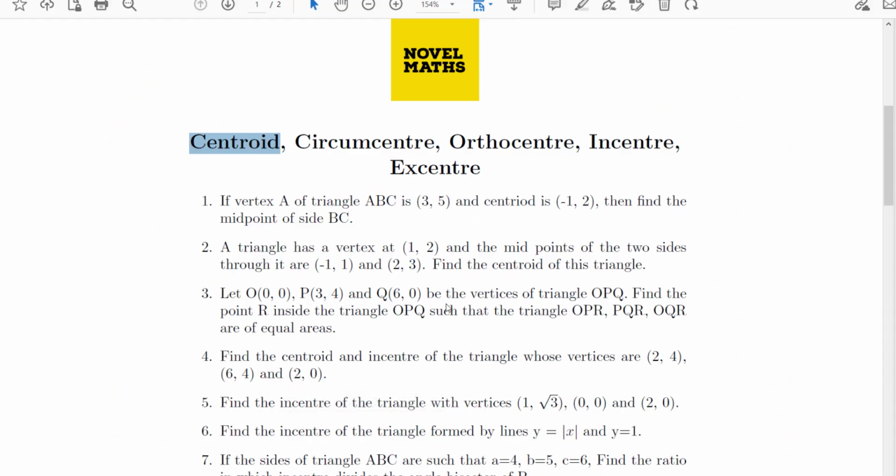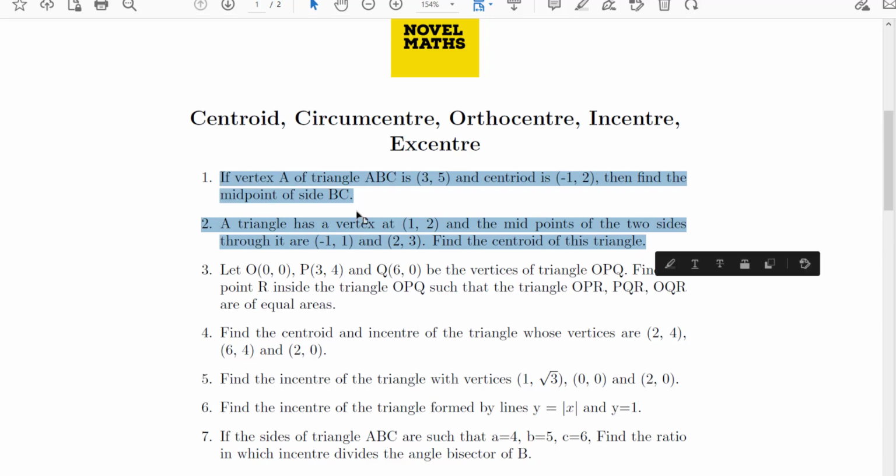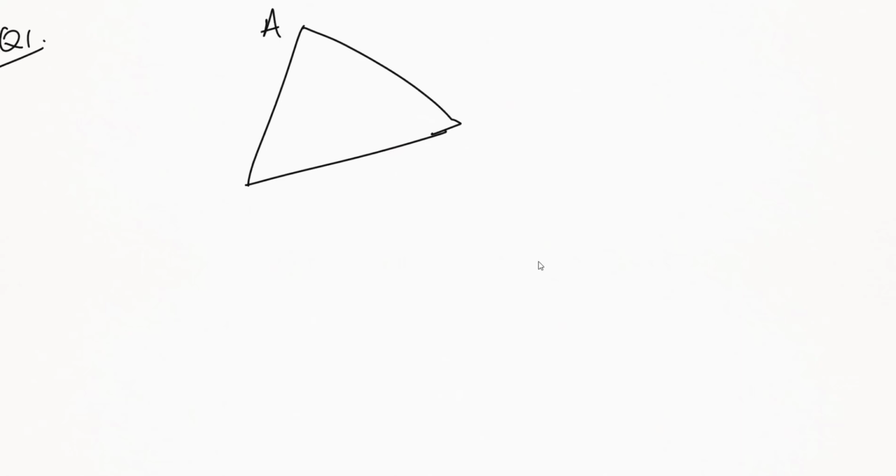Let's try to solve a few questions. At least I think the first and second we can do using this simple basic concept. So the first question is, if vertex A of a triangle is 3, 5 and the centroid is negative 1, 2, find the midpoint of BC. A is given, 3, 5.